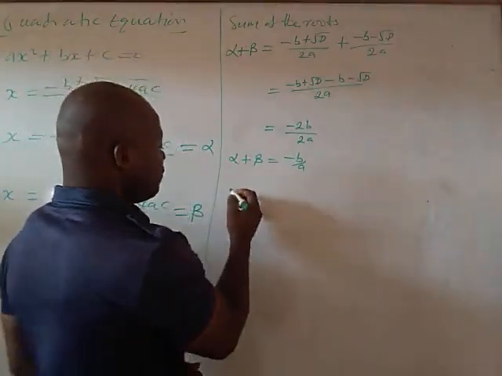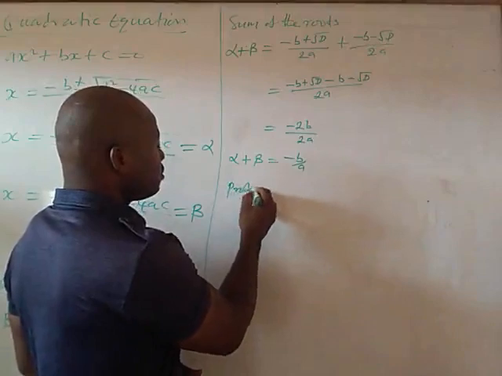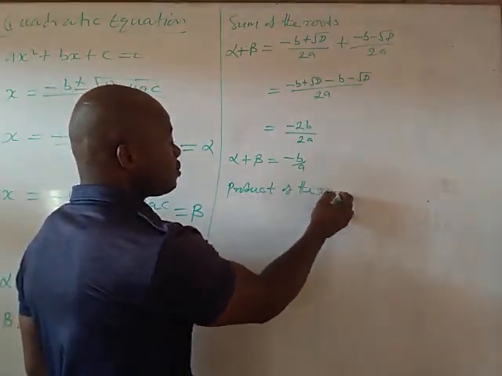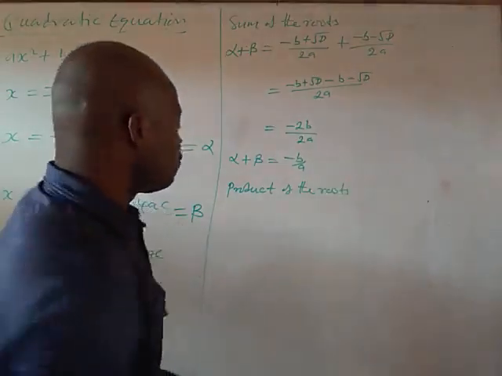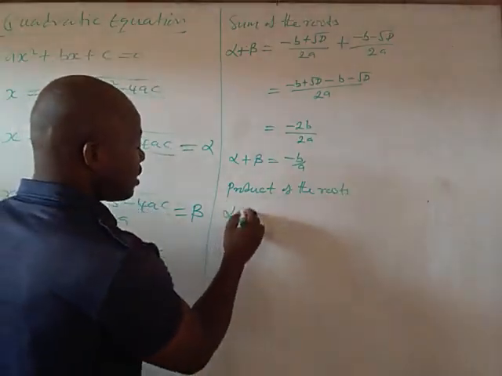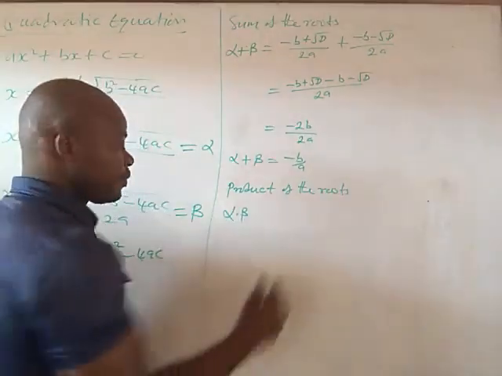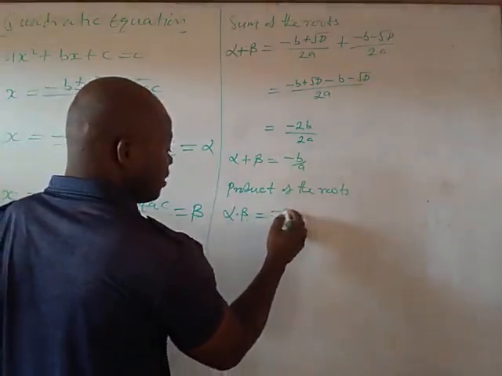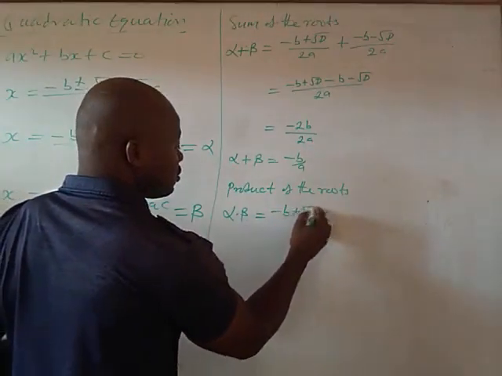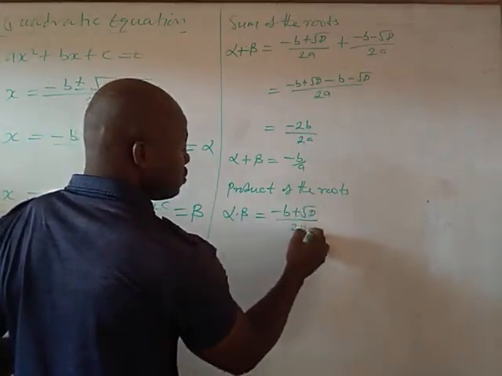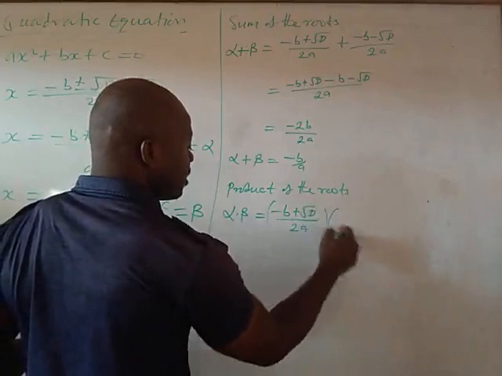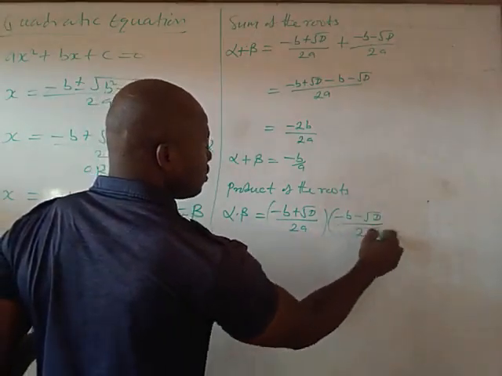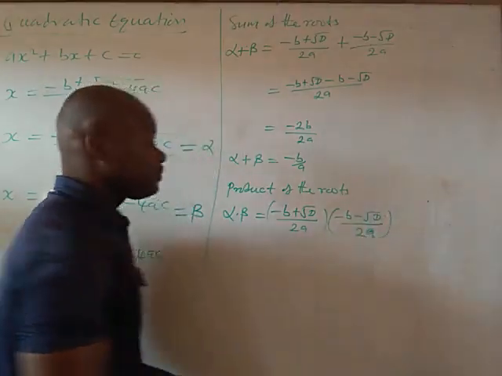Now, if we want to find the product of the roots, this will be alpha times beta. What do we have as our alpha? We have minus b plus root d over 2a multiplied by minus b minus root d over 2a.